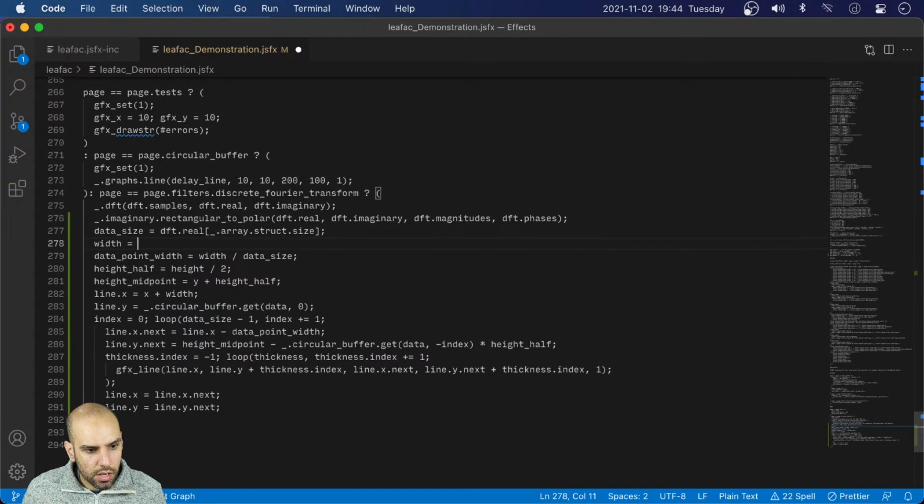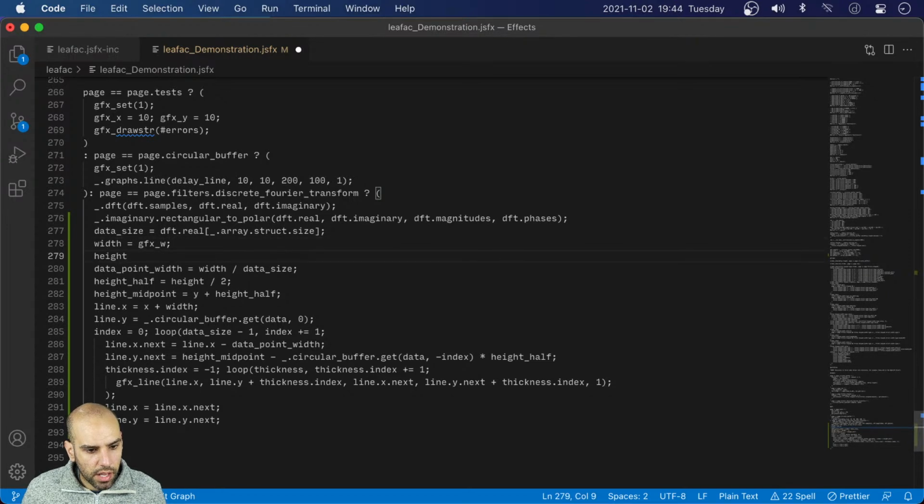So I'll say that the width is gfx width. And if I have width, I bet that I have height as well. gfx height. I'll put them there. This and that is covered. Then that is okay.